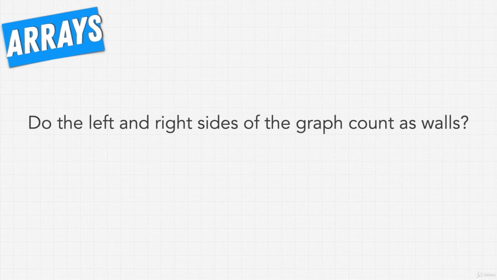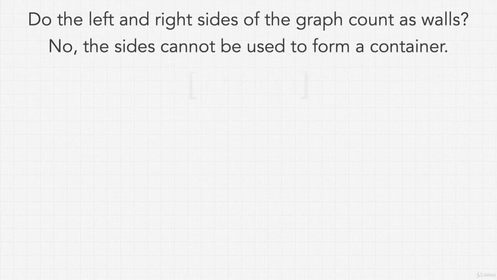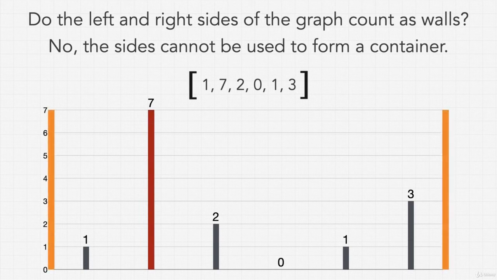The next question we might ask is, do the left and right sides of the graph count as walls? And the answer is no, the sides cannot be used to form a container. So what does that mean? Well, let's imagine we're given this array, which becomes this bar chart. We cannot, for example, take this 7 and form a container using any of the walls on the left or the right side of our bar chart.